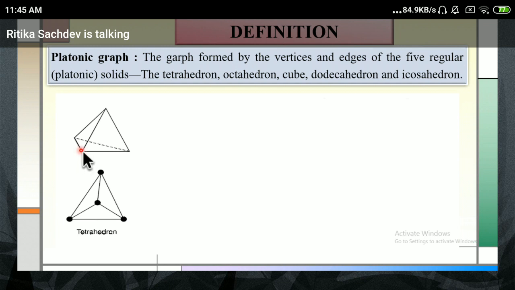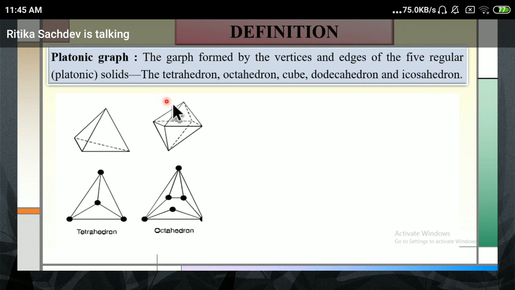So the first part will remain the first vertex, second will remain second, third will remain third, and this part is put up in the center. So this tetrahedron has 4 faces. And these are solids which exist in the real world. These solids are being put up on paper as platonic graphs.